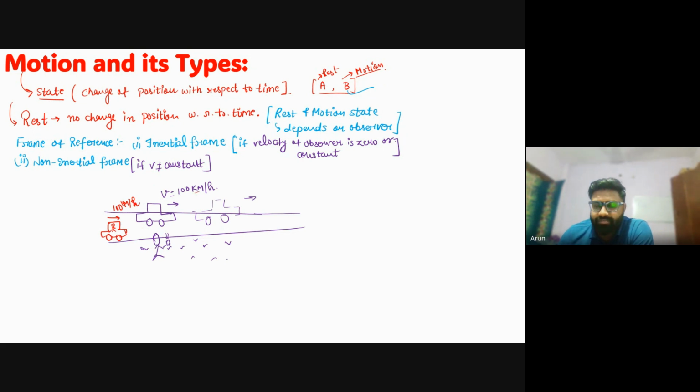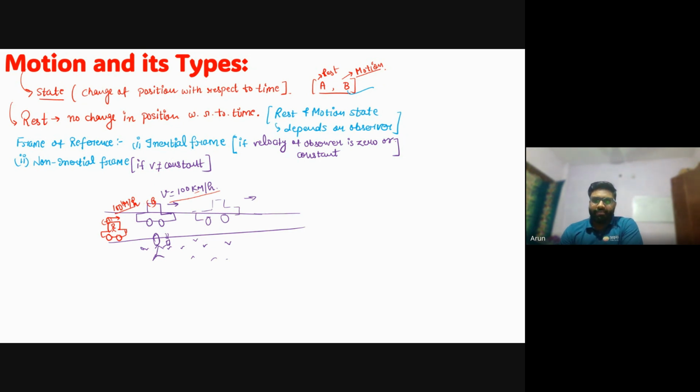Same speed. You are observing this car B, and you are in car A. You are also traveling with a speed of 100 kilometer per hour, and this car that you are observing has the same speed.